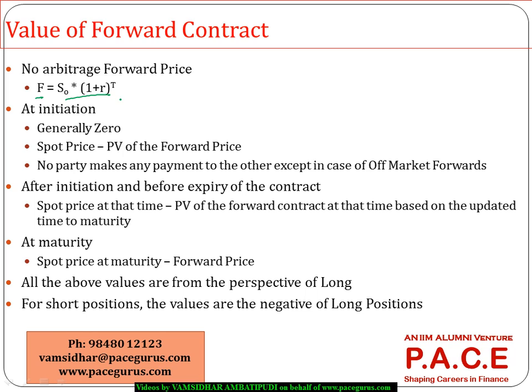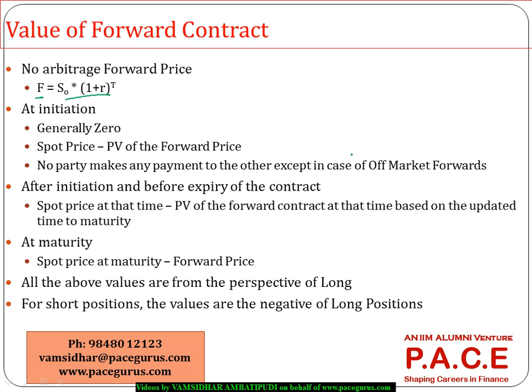So that is the scenario where we call them off market, because the forward price is not reflecting the no arbitrage price based on a risk-free rate of return. So those kind of forwards are called off-market forwards, where one party has an advantage on the day of entry of the contract itself compared to the other party.